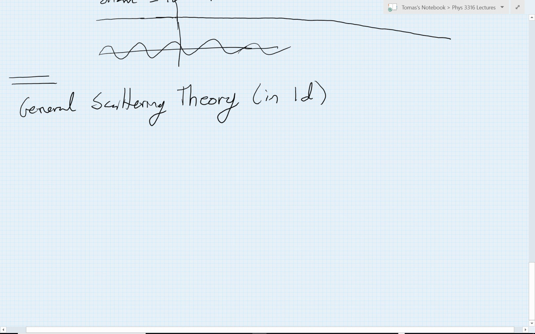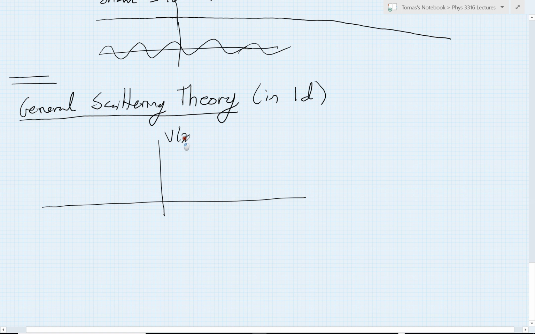So the most general type of scattering problem that I could imagine would be something as follows. I would have some potential, again, V of x, and I will imagine sending in some wave packet here from the left. You, of course, could imagine doing it from the right, but I'm sure you're clever enough to flip around what I'm going to draw next and consider the leftward case.